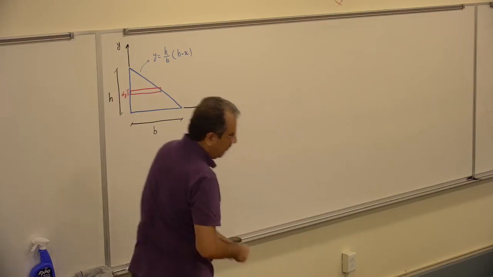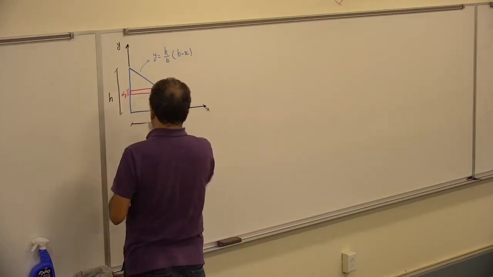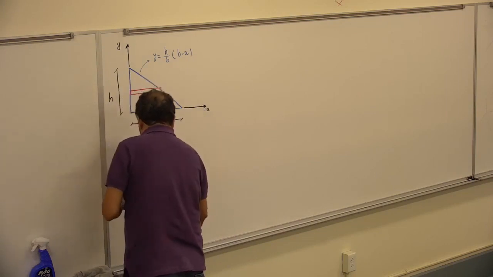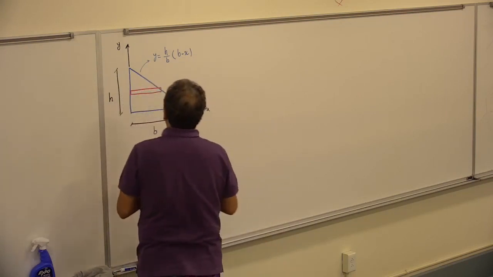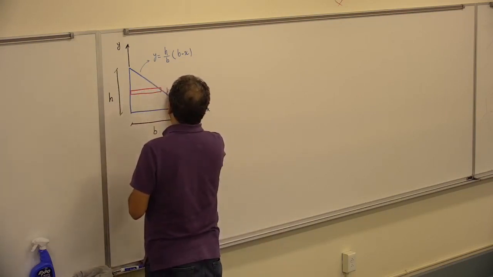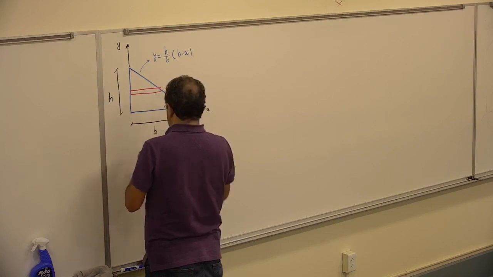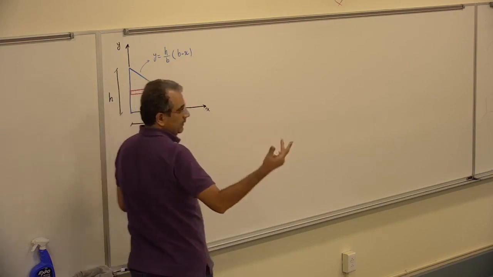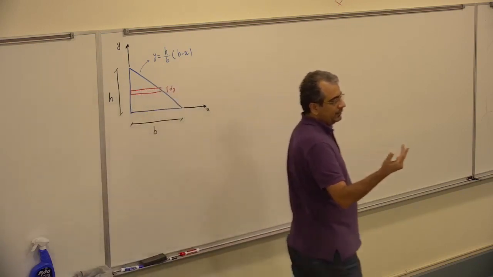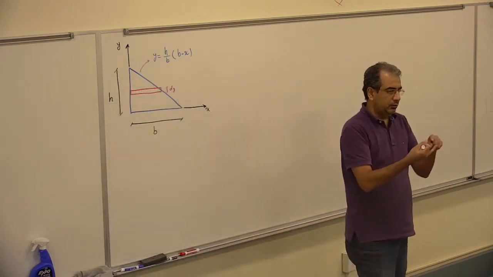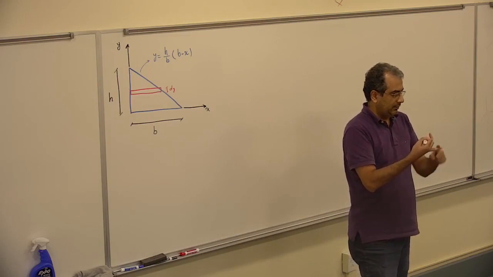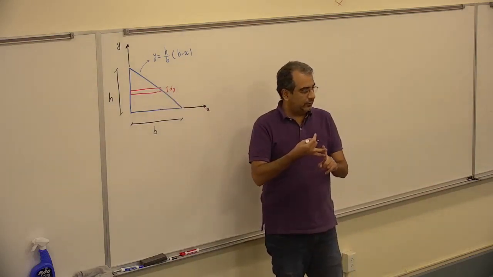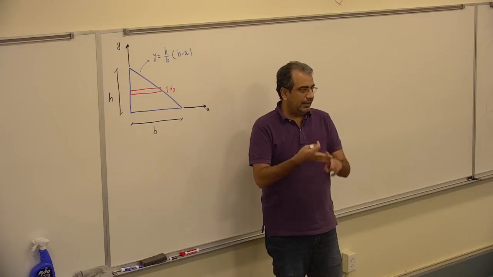Anytime I'm working, there are three things that I need. I need to know the x for the centroid of the element, the y for the centroid of the element, and the dA.